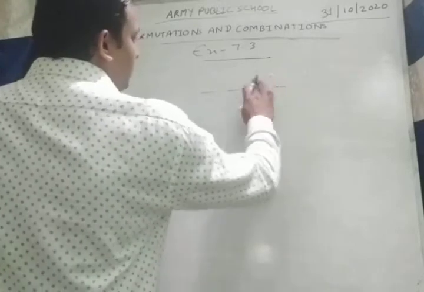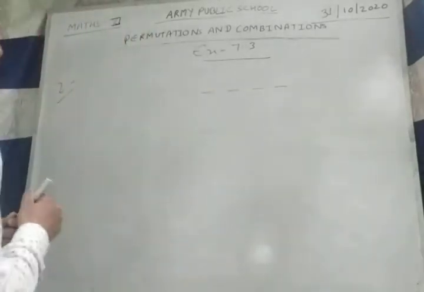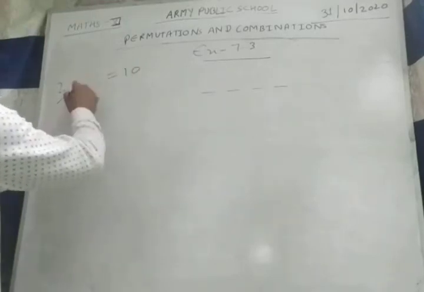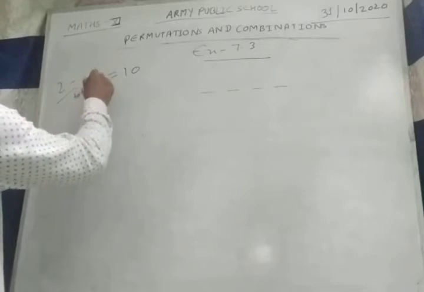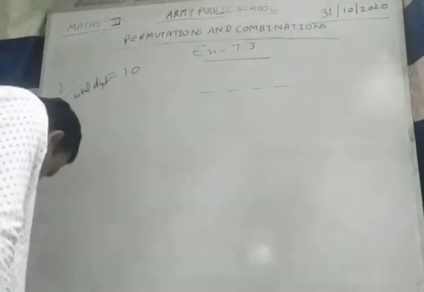We have to find 4-digit numbers, and the total number of digits is 10. We have to form 4-digit numbers with no digit repeated.